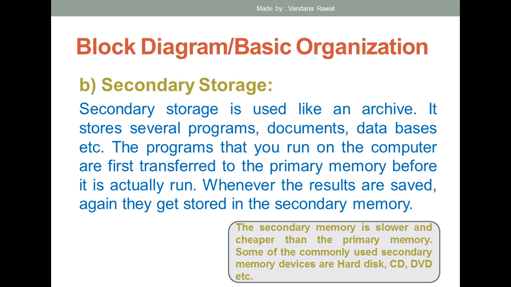And that is why secondary memory is cheaper than primary memory. Some of the commonly used secondary memory devices are the hard disk, CD, DVD, etc. So these all are secondary memory.